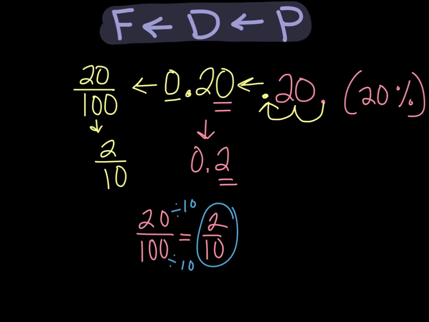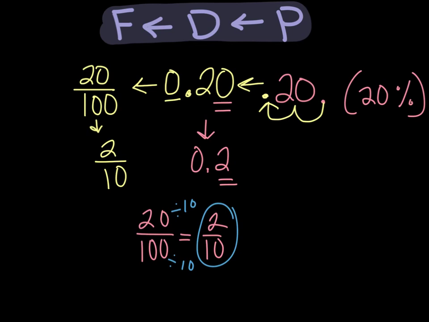Now with math, what I like best is you can really approach this any way you want. You can leave it as 20 hundredths or 2/10, either one, but you have to always, always, always remember that whatever fraction you decide to convert to, it has to be your final answer in lowest terms. So neither 20 hundredths nor 2/10 are in lowest terms, or simplified as far as it can be simplified.